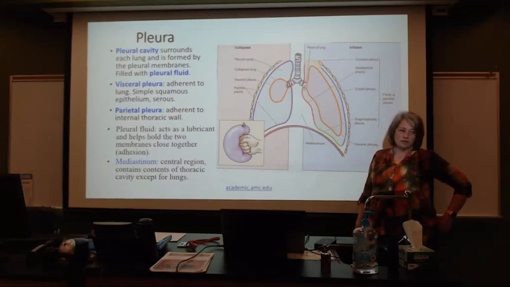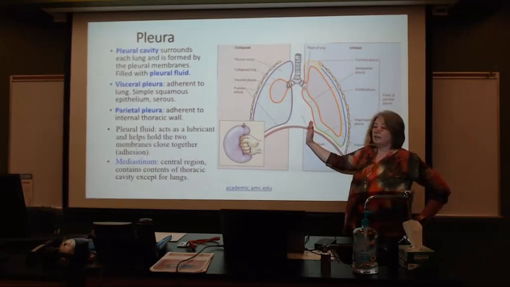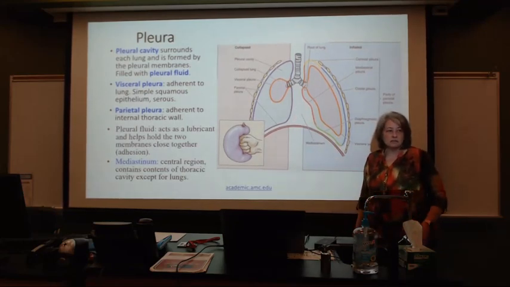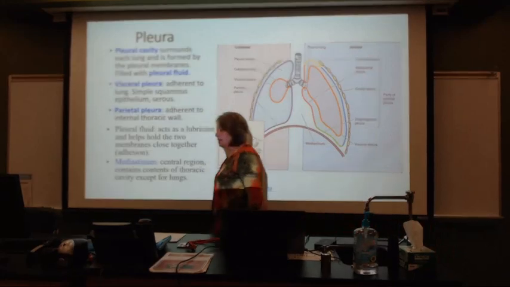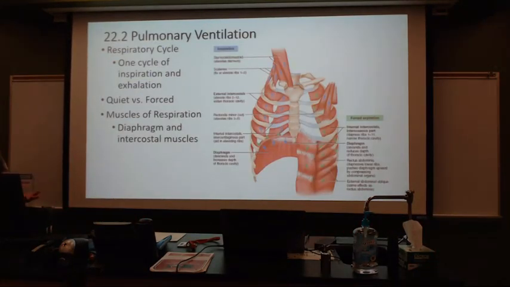The heart. Remember, you can always look at it and see where it looks like this little notch that's present, and that's for the heart. So we end up with like a cavity inside of a cavity with the lungs. And that structure works very well for us.